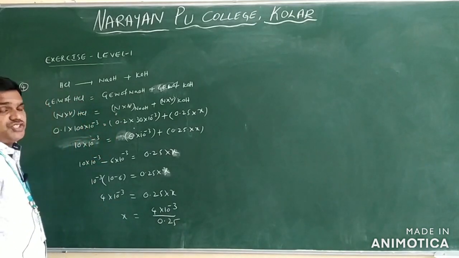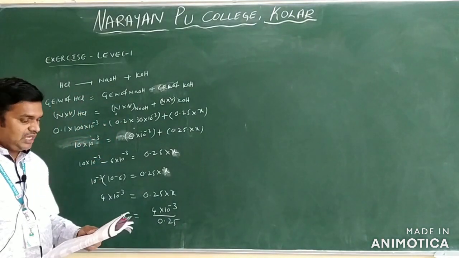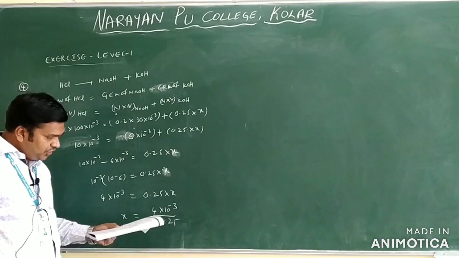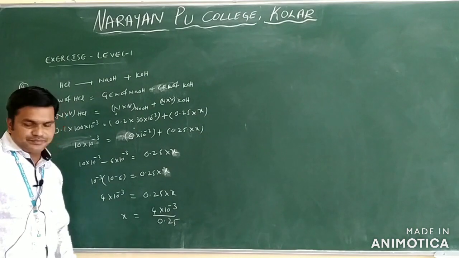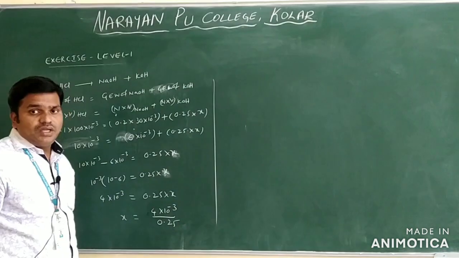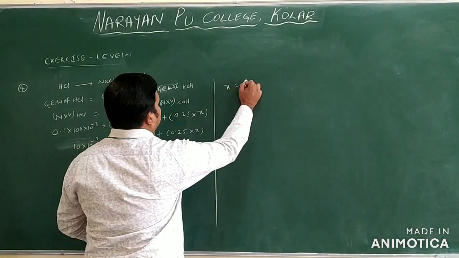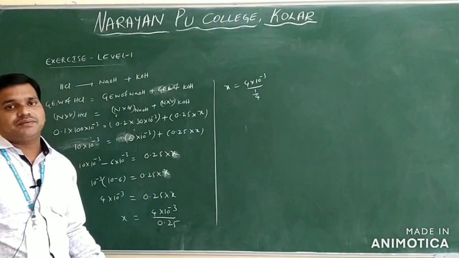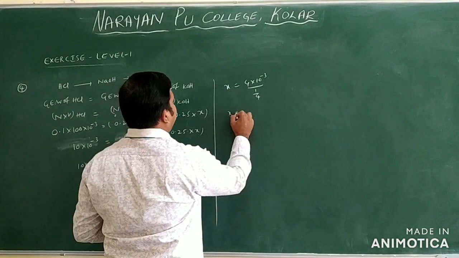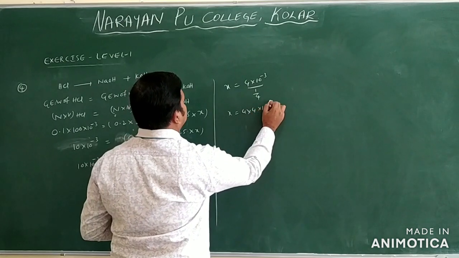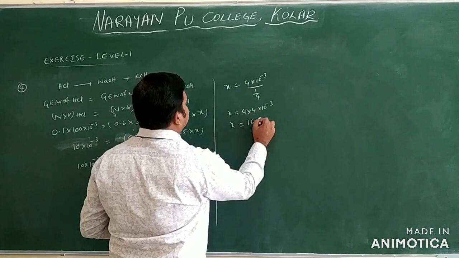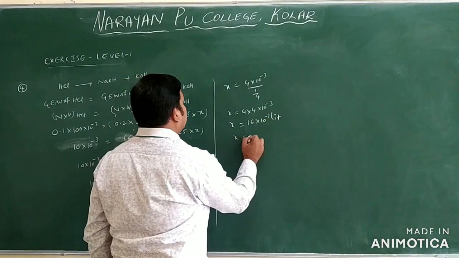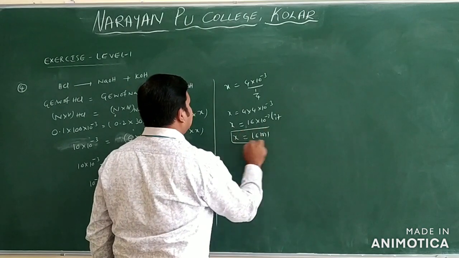Writing 0.25 as 1 by 4, dividing by 1 by 4 means multiplying by 4, so x is equal to 16 into 10 power minus 3 liters. So x is equal to 16 ml only.